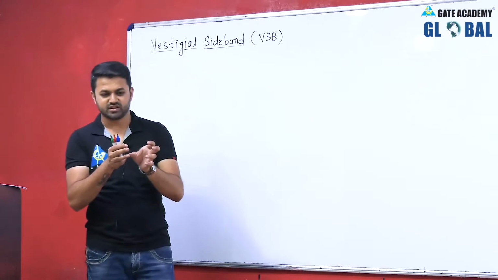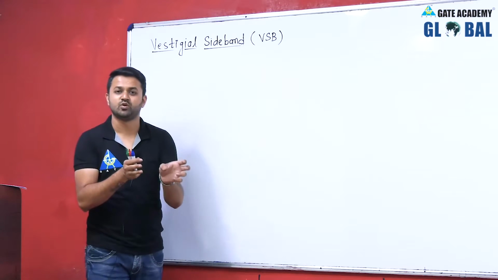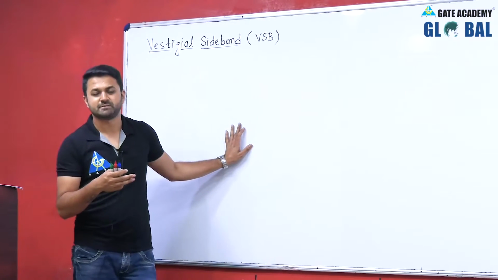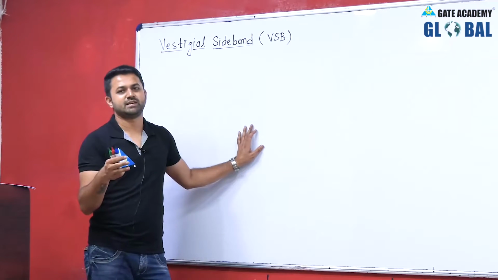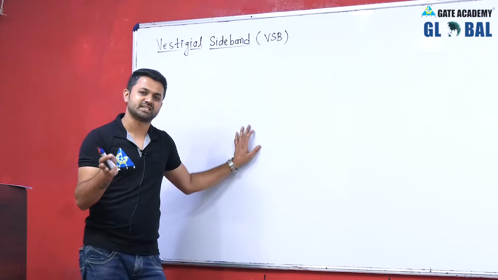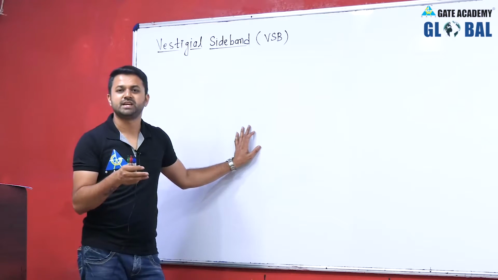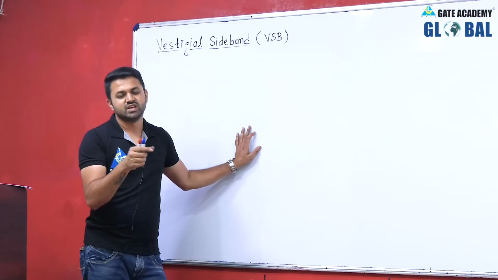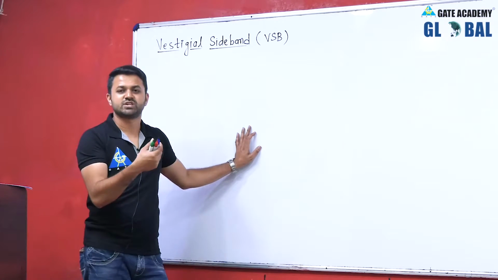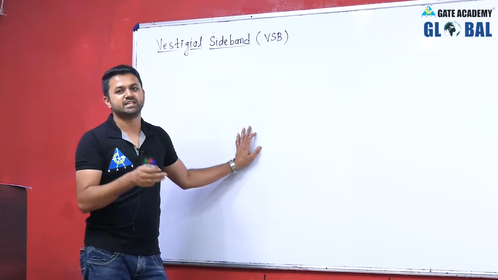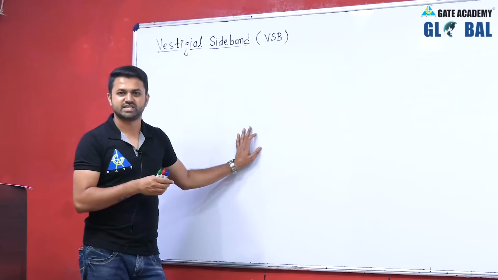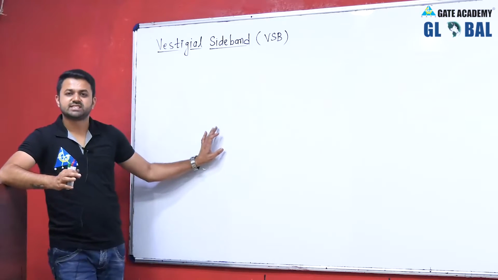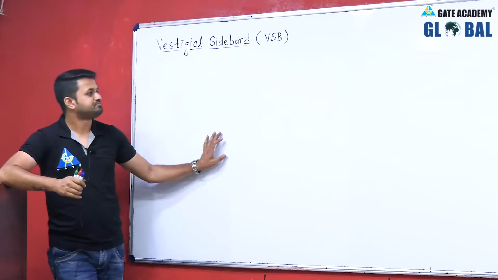Good information lies in the low frequency range, and that's why we don't consider double sideband suppressed carrier or single sideband suppressed carrier, because in single sideband suppressed carrier the lower sideband is completely eliminated, but the video signal has a low frequency response. So that's why we have to consider some portion of the lower sideband, and one sideband is completely transmitted in case of vestigial sideband. So the application of vestigial sideband is in TV transmission.